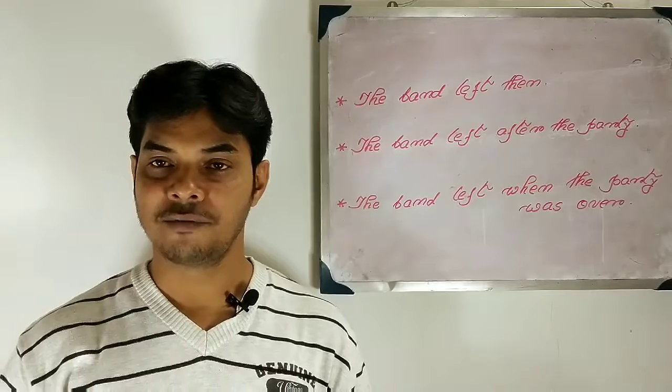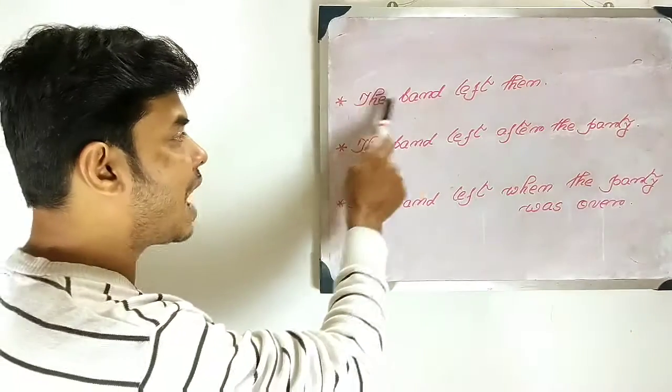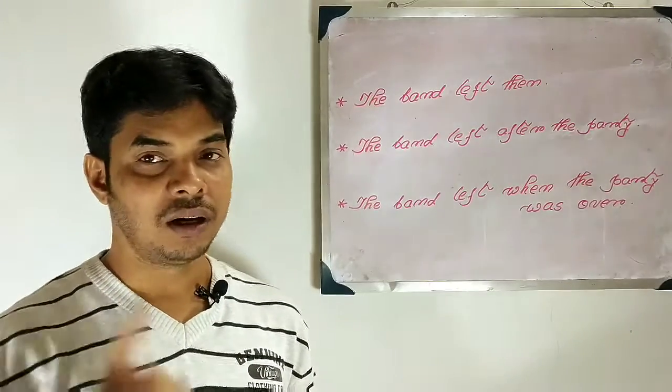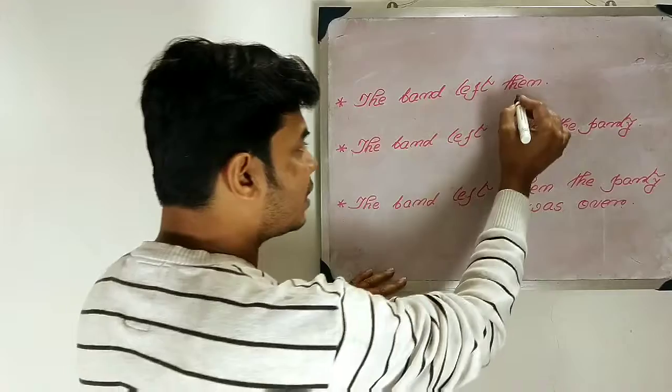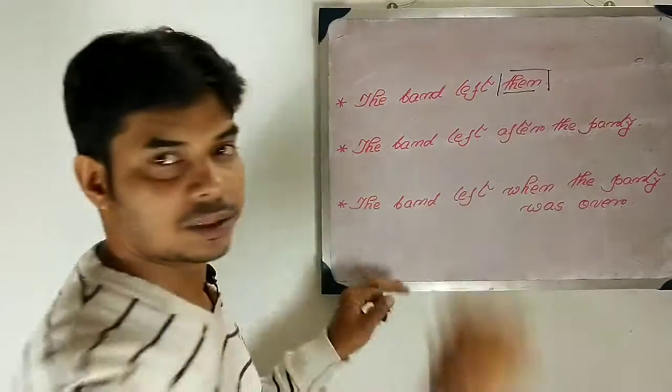So let's have some examples and you'd find what I am saying here. To make it vivid, I have used 3 sentences here. I have written: The band left then. This is the first sentence. Here, put focus on the word 'then'.